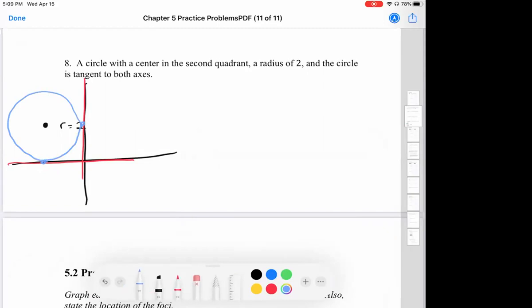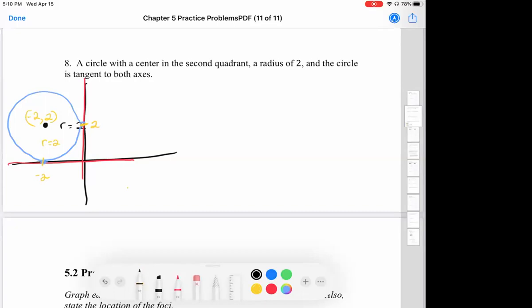If it has a radius of 2, it has to be up 2 and to the left 2. So -2 because it's left 2, and up 2, so that would be my center, and that also satisfies a radius of 2.